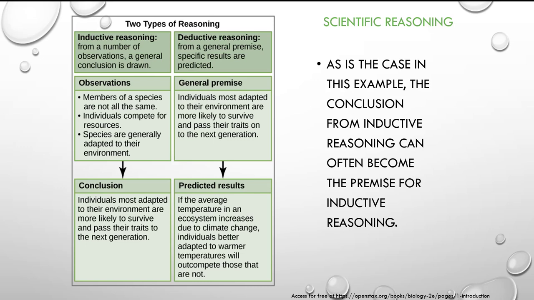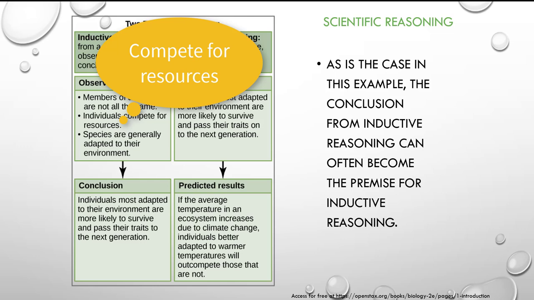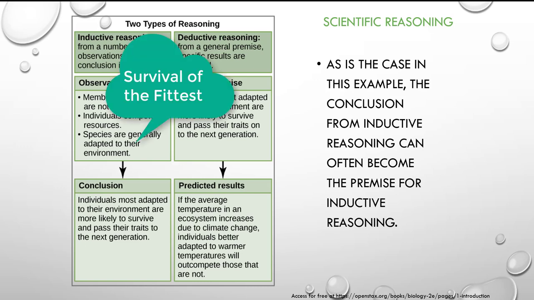They don't all look alike, and that variation is heritable, meaning that it's in their genetics, and then they're competing for resources. So the ones that have the better genes for that environment are the ones that are going to survive longer and pass on those genes to the next generation.